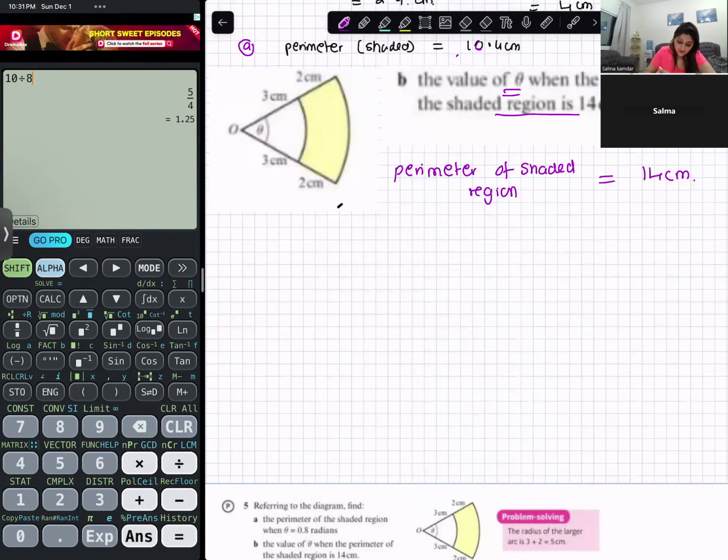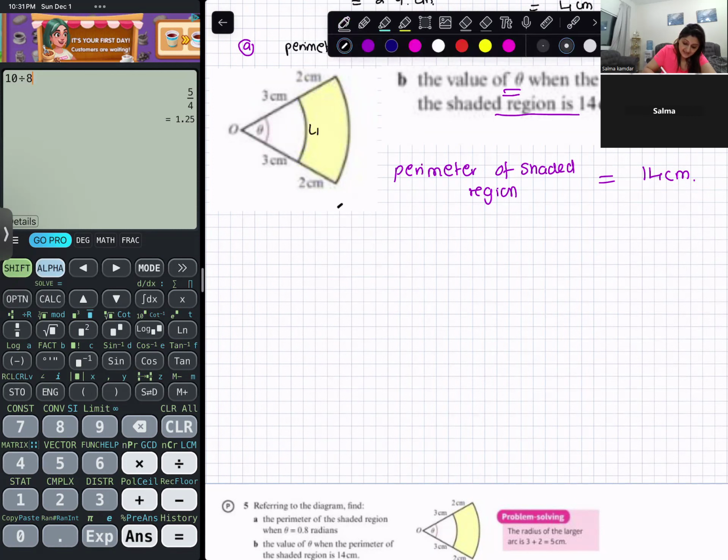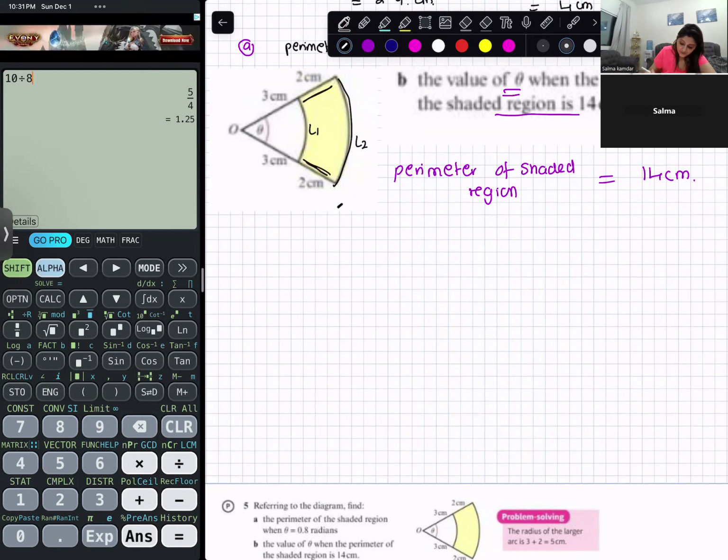Now if I look at the shaded region, that is this part. This part has the first arc, this one, which I could label as L1, and it has the second arc, this one, which I could label as L2. And it has one radius of 2 and one radius of 2.